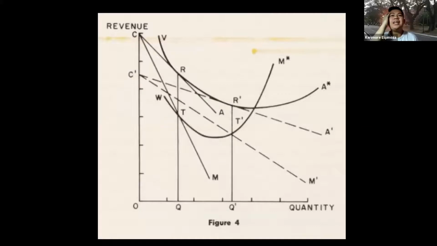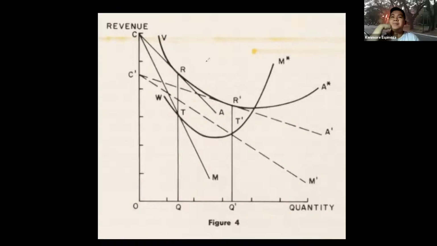This is the somewhat confusing drawing of ma'am, but it's easy. I think it's the same way as when you have a linear average curve. For the general curve, you pick a point.